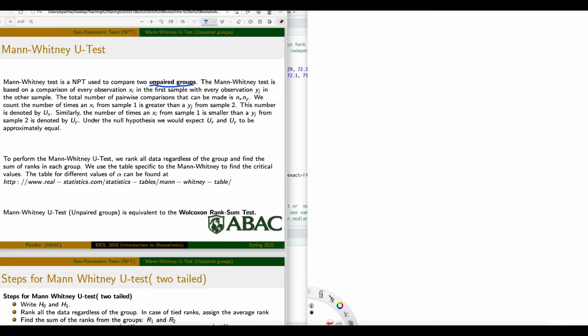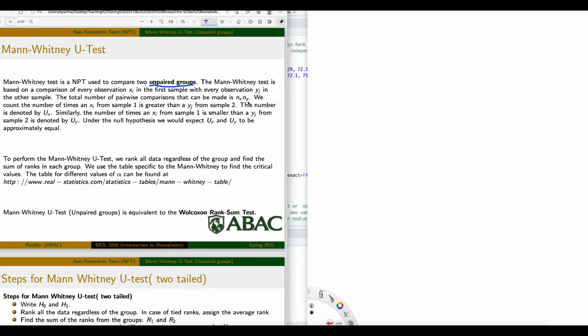We count the number of times xi from sample 1 is greater than yj from sample 2. This number is denoted by u sub x. Similarly, the number of times an xi from sample 1 is smaller than yj from sample 2 is denoted by u sub y. Under the null hypothesis, we would expect u sub x and u sub y to be approximately equal.